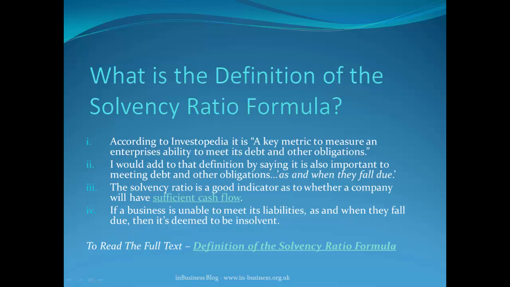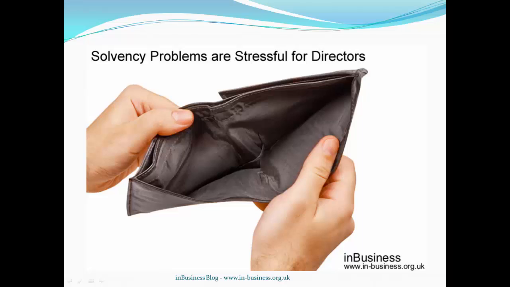The solvency ratio is a good indicator as to whether a company will have sufficient cash flow. And if a business is unable to meet its liabilities as and when they fall due, then it's deemed to be insolvent. I've experienced this as a company owner and a director of a business.